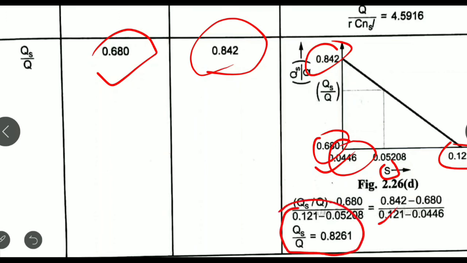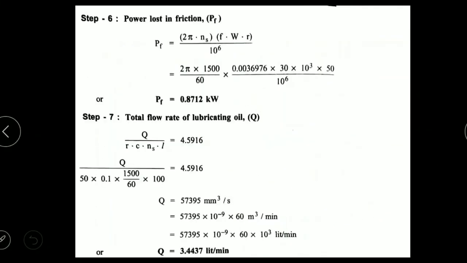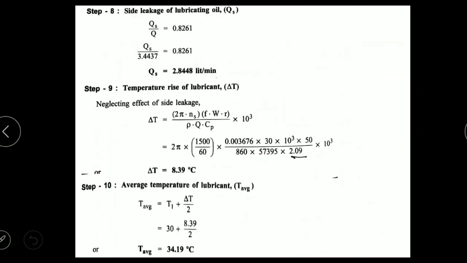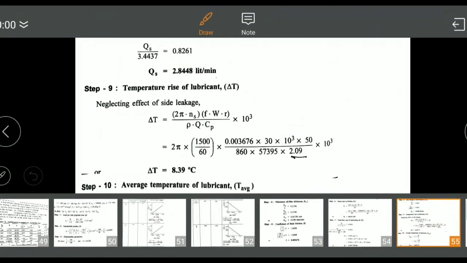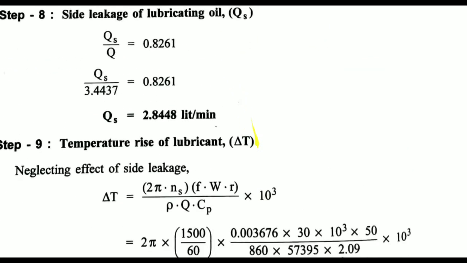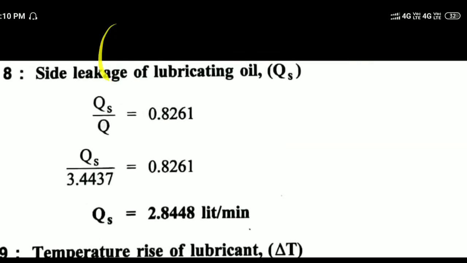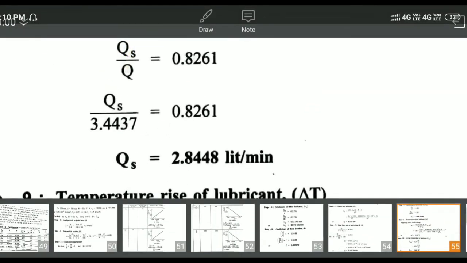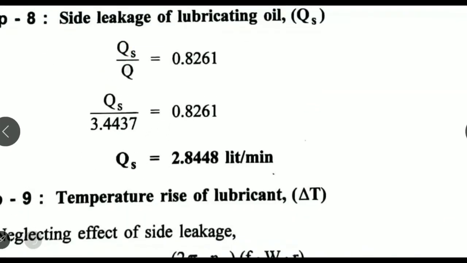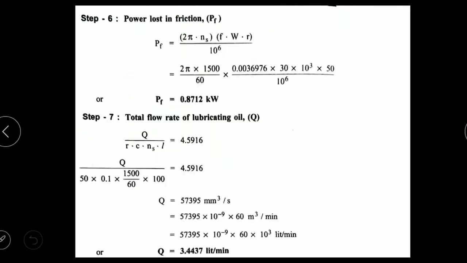Correct. Now they are interested in side leakage. So side leakage would be, see this, side leakage is Qs by Q. This value we have calculated. This Q already we have calculated, 3.44 liter per minute.